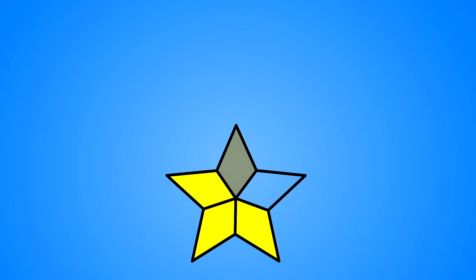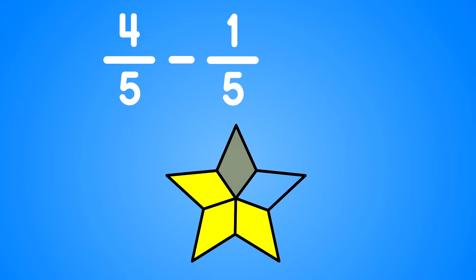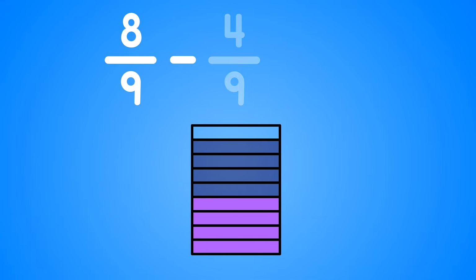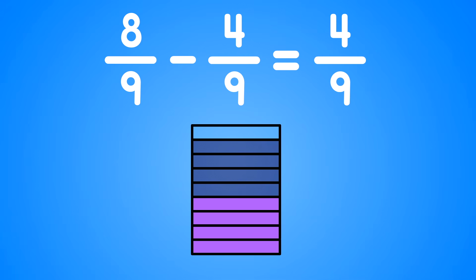If we start with 4/5 of this star and take 1/5 of the star away, we get 3/5. 4/5 minus 1/5 equals 3/5. We have 8/9 of this rectangle minus 4/9 of the rectangle means that we have 4/9 of the rectangle left. 8/9 minus 4/9 equals 4/9.